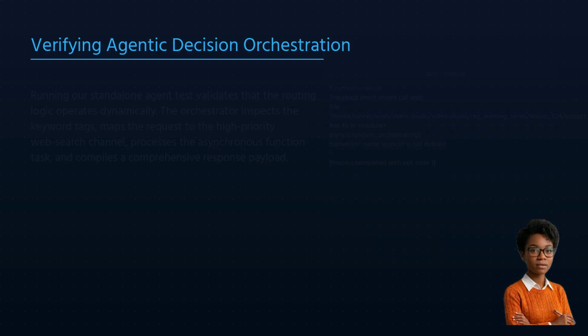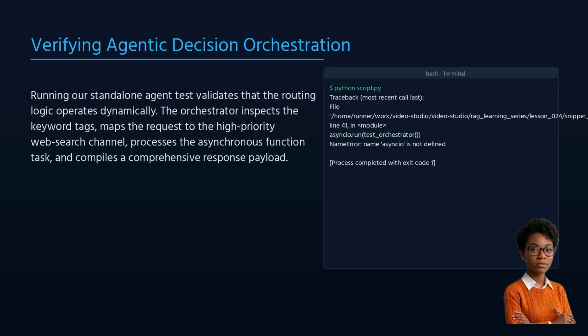Whoops! Looks like we've hit a classic live debugging moment, which is actually a perfect teaching opportunity. Our script just failed with a NameError: name asyncio is not defined. This isn't a complex logic error, it simply means the asyncio module, crucial for running asynchronous code like our test_orchestrator, hasn't been explicitly imported at the top of our script.